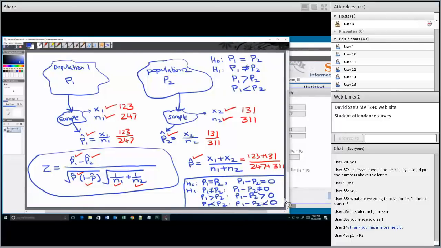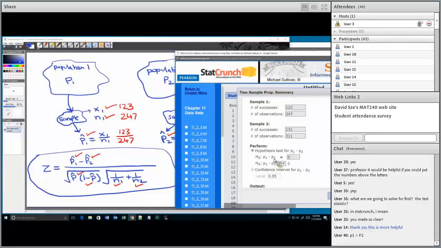It's just a matter of bringing P2 to the same side as P1. The thing is that StatCrunch will give you this set instead of this set. That's why you see here it says P1 minus P2 equals something. Under the null hypothesis, because P1 equals P2, this value will be 0.